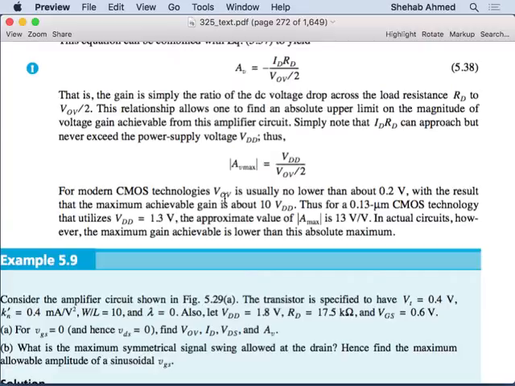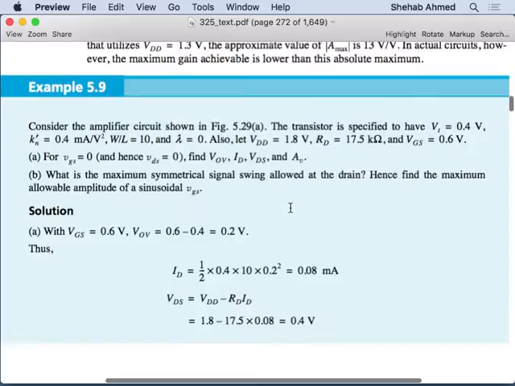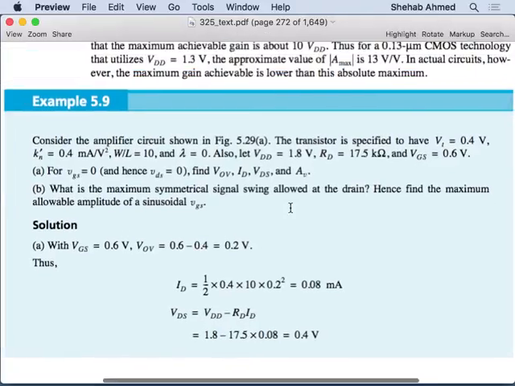If the overdrive voltage has to be at least 0.2 volts for you to start creating a channel in a certain technology, then if you want to use CMOS technology, you are limited in gain to 10 times your supply voltage. It's a technology limit, basically.